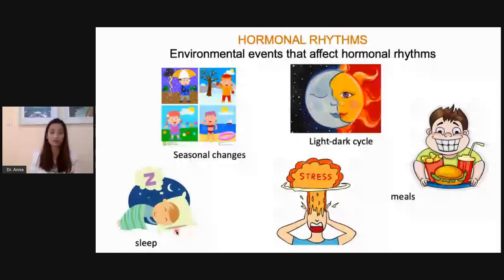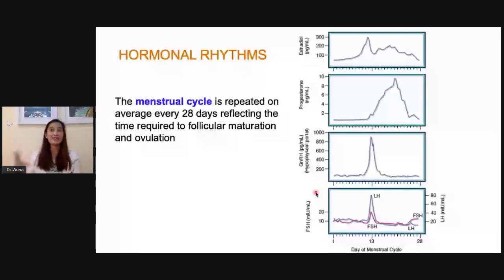Another example of hormonal rhythms would be your menstrual cycle. Have you ever wondered why the body can tell whether it's already 28 days time for you to have your menstruation? The menstrual cycle is repeated on average every 28 days. It depends from person to person. Some women will have a 26-day cycle or a 30-day cycle, reflecting the time required for follicular maturation and ovulation.